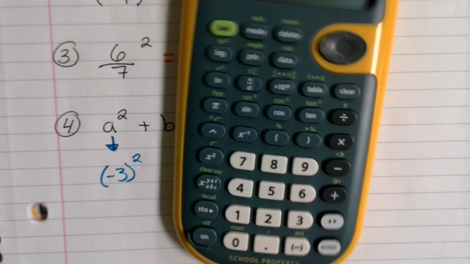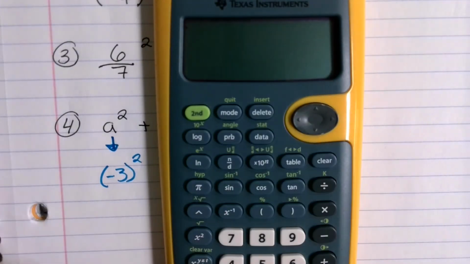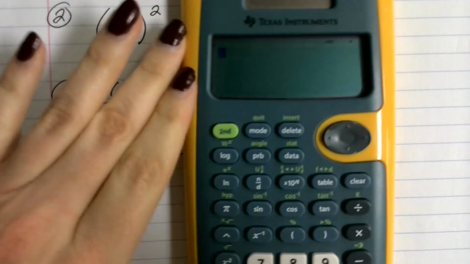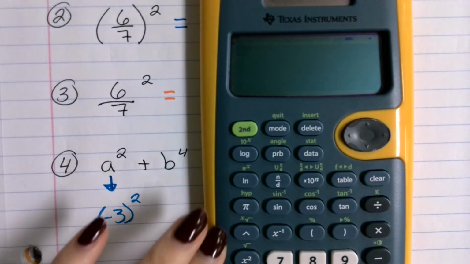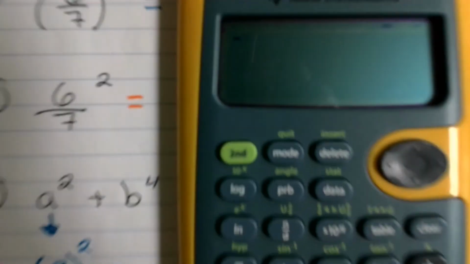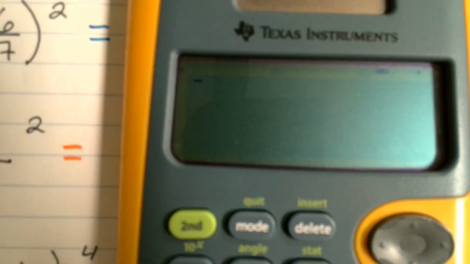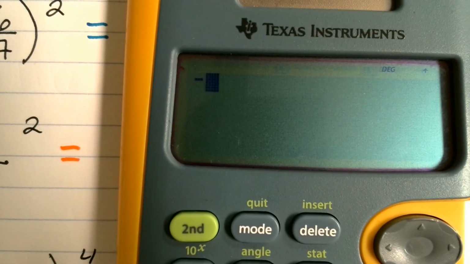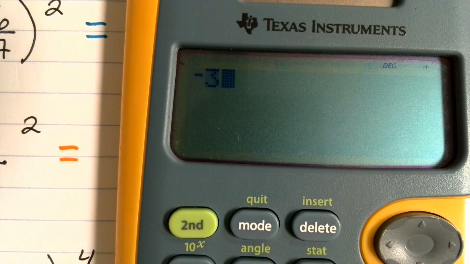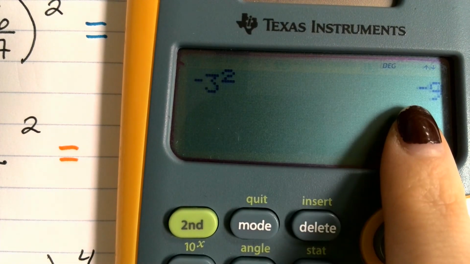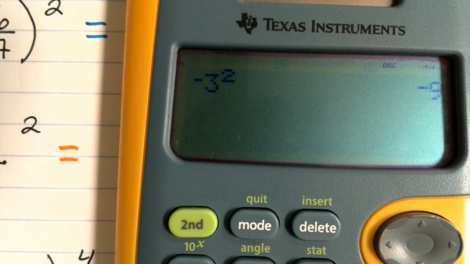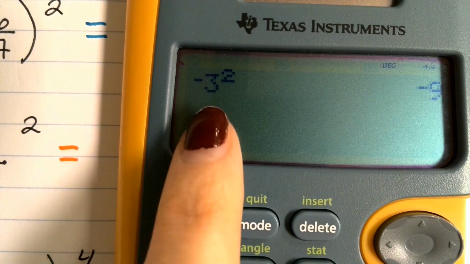All right, taking a look here. Let me show you. Again, if I type in -3, there we go. All right, so if I type in -3 and I raise it to the second power, it's going to give me -9, even though we know -3 times -3 is +9 because I didn't put the parentheses around it.